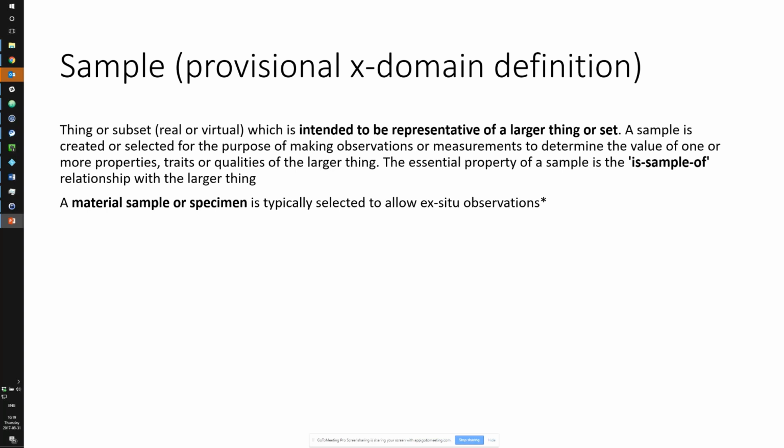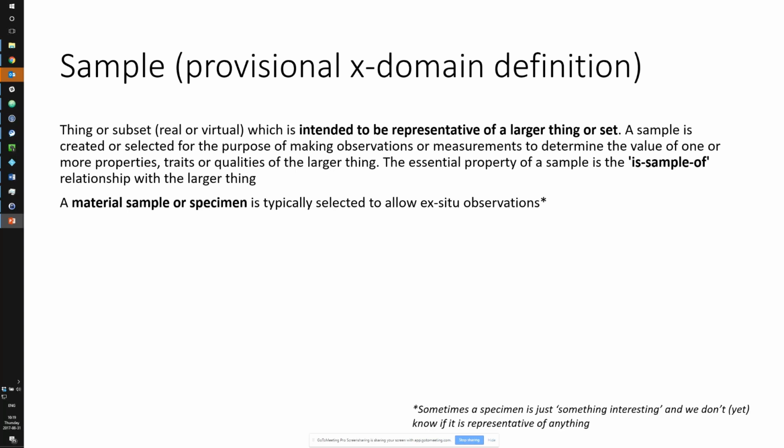So a material sample or specimen is typically selected to allow ex situ observations. That's observations in a lab using a machine that goes ping or something, or on a section, or breaking it into pieces so that you can make observations on bits and pieces of it.